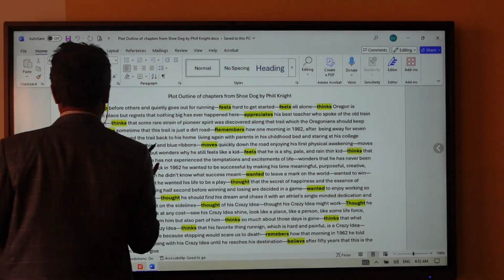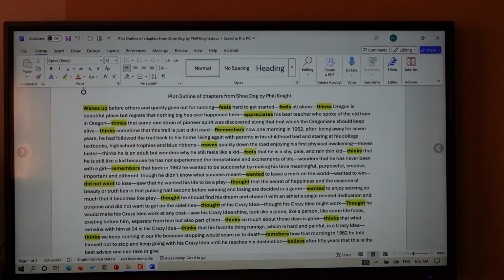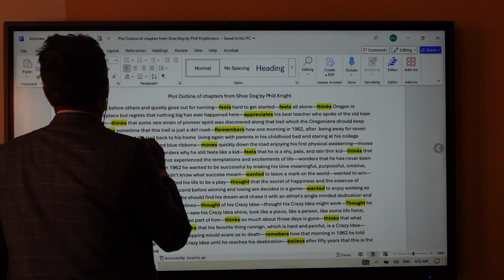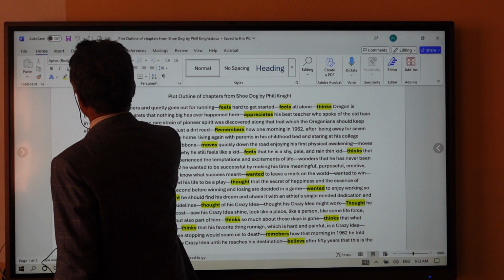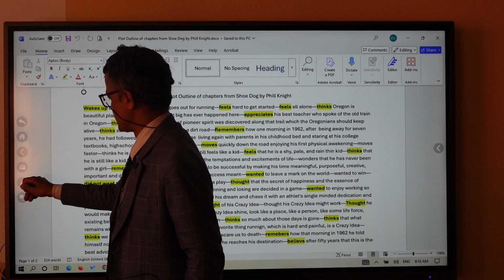For example, in the first paragraph, the protagonist, the hero, the narrator, wakes up and quietly slips out. So as a reader, I am recording the actions, if you see carefully.